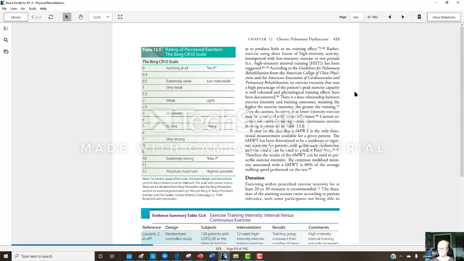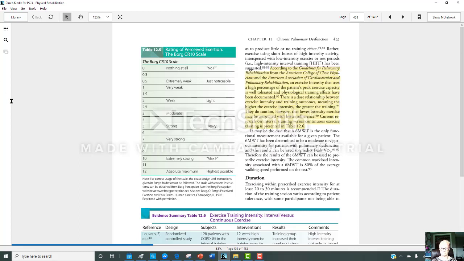There is a dose relationship between exercise intensity and training outcomes, meaning the higher the exercise intensity, the greater the training. They do caution, however, that low-intensity exercise may be associated with better adherence. Current research on interval training versus continuous exercise training is presented in Table 12.6.